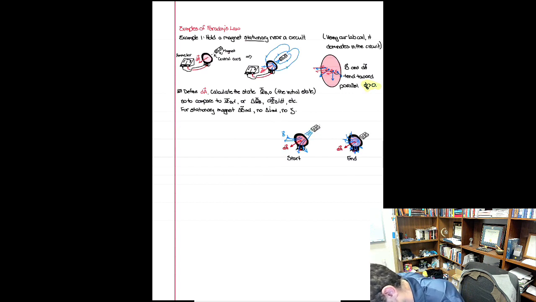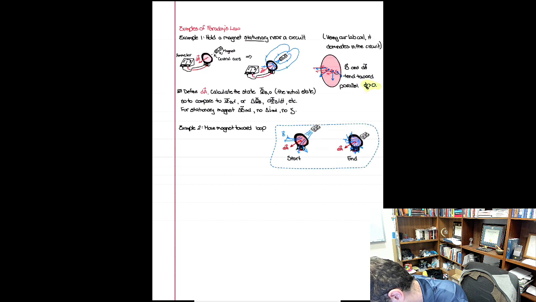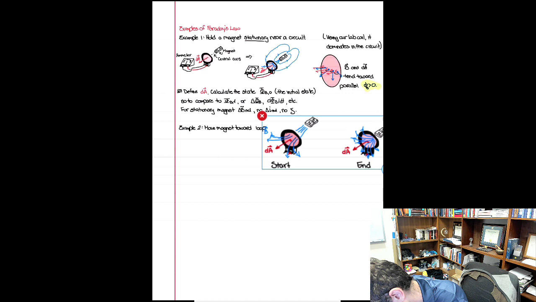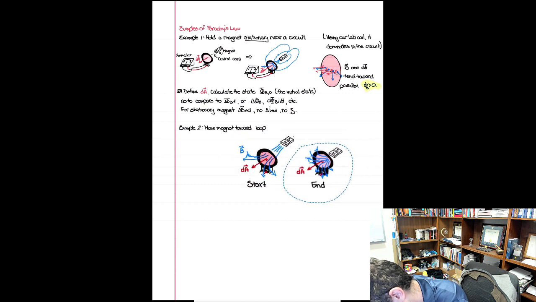So let's call this example 2, where you move a magnet toward the loop or coil. Then if we look at this, it seems kind of small to me. That over, this over.